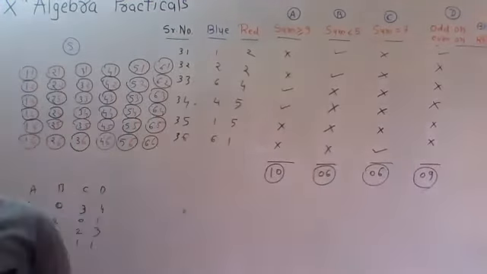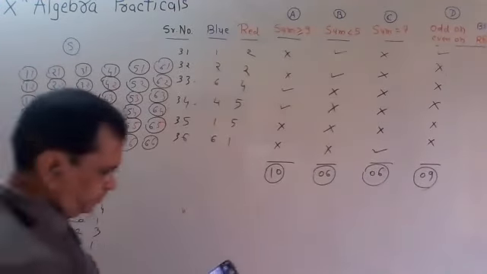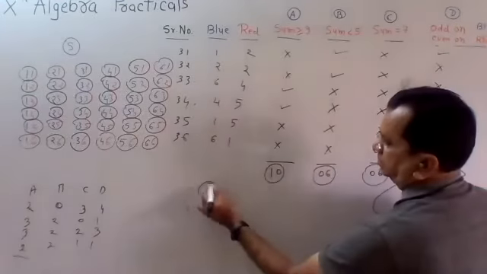So the first page you have done. First page, second page. On the second page they have given the total number of possible outcomes. Observation.